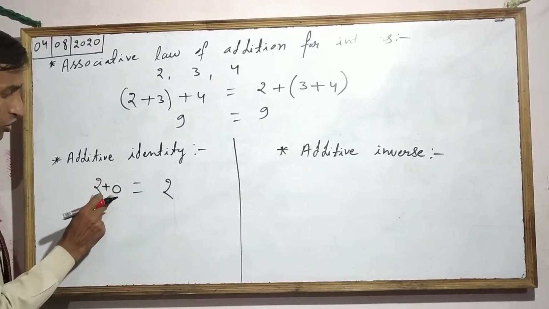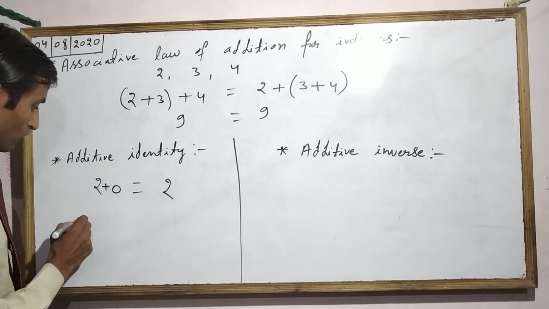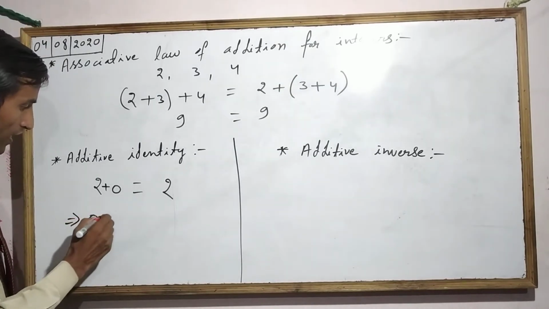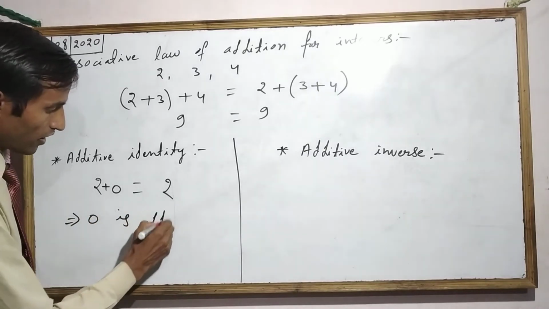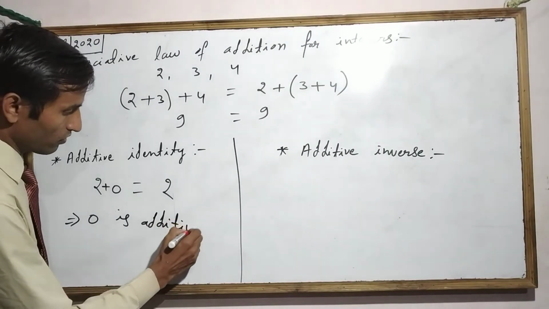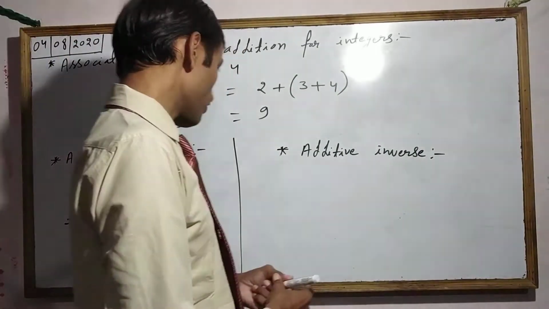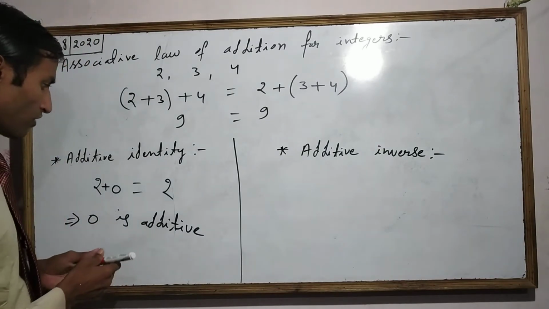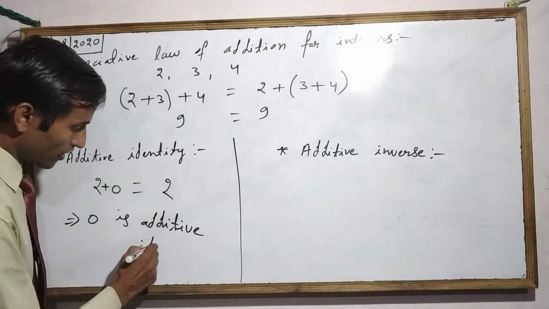It means 0 is the additive identity. So for integers, 0 is called the additive identity. If 0 is added to any integer, it will not change the value of that integer. So 0 is the additive identity.